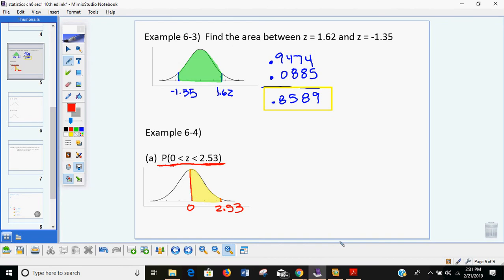So 2.53 was 0.9943 minus 0 was 0.5000. That gives you 0.4943. So that tells me that 49.43% of my population lie between 0 and 2.53.